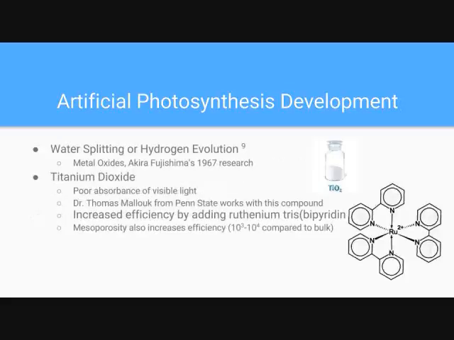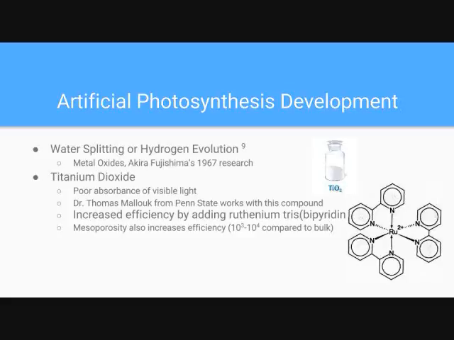Now let's discuss one non-polymeric method we've used in the past to achieve water splitting. In 1967, Akira Fujishima made some research that proved that titanium dioxide and metal oxides in general were able to achieve water splitting. But titanium dioxide has a very big drawback.